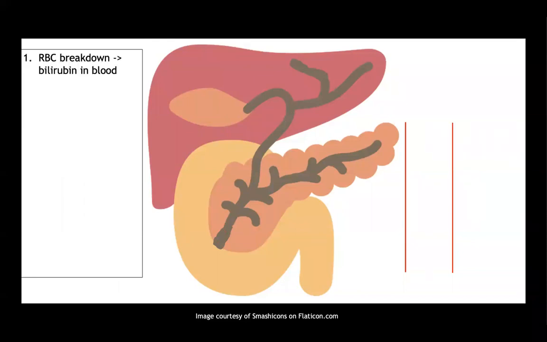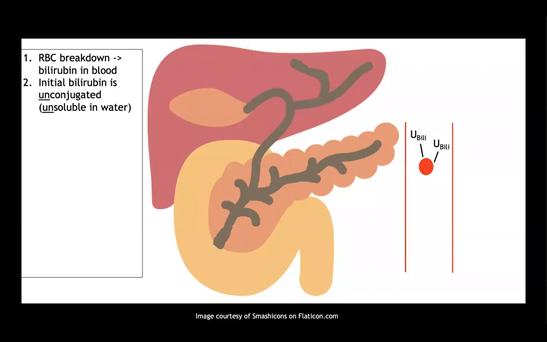So normally, where are we getting our bilirubin anyways? Where's all this bilirubin being formed that we have to excrete through our bile ducts? What happens is that our red blood cells have a finite life. They only live about 3 months, right? And so when our RBCs finally die, they're going to release some bilirubin, and that bilirubin will be unconjugated bilirubin.